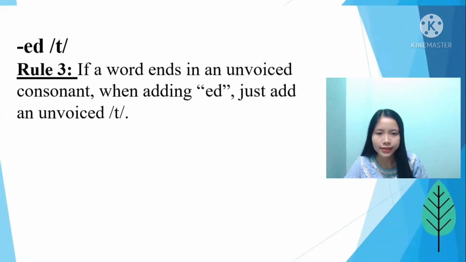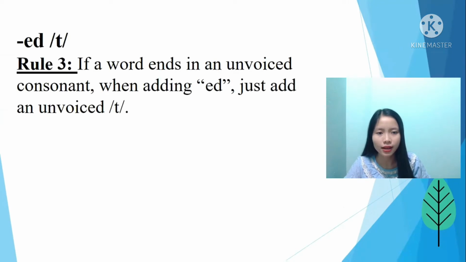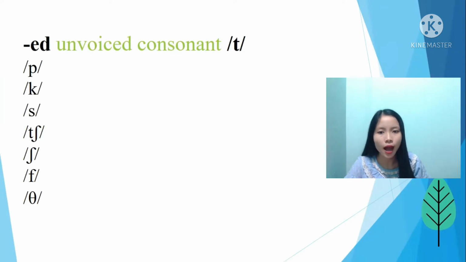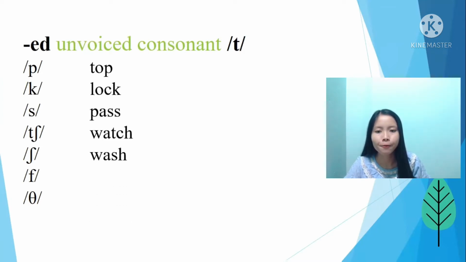Rule number 3. If a word ends in an unvoiced consonant, when adding ed, just add an unvoiced t. So, some of the unvoiced consonant sounds are p in top, k in look, s in pass, ch in watch, sh in wash, f in laugh, th in tooth.